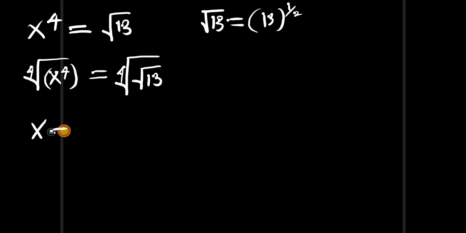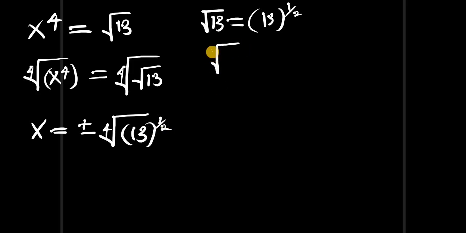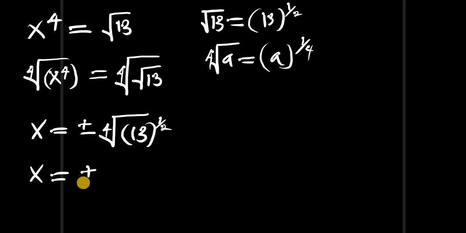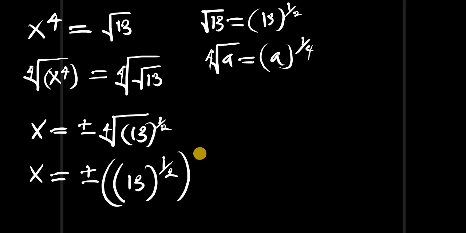We're going to have x equals positive or negative the fourth root of 13 to the power of 1 over 2. Now, the fourth root of a is simply a to the power of 1 over 4. So we apply the same trick here.